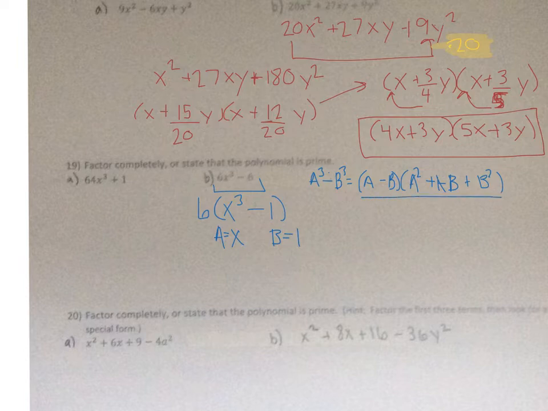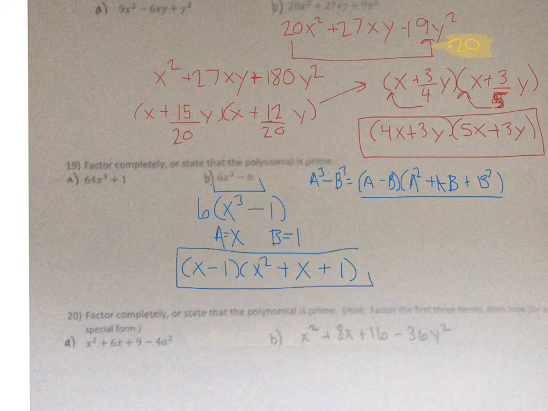We end up with x minus 1 times a squared, so x squared, plus a times b, so x times 1, plus b squared, so 1 squared is 1. And then we are done with the factoring.